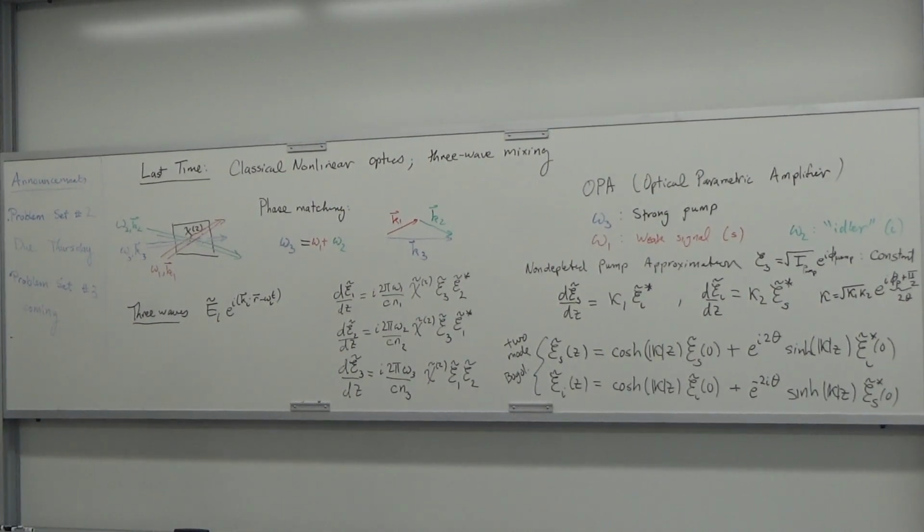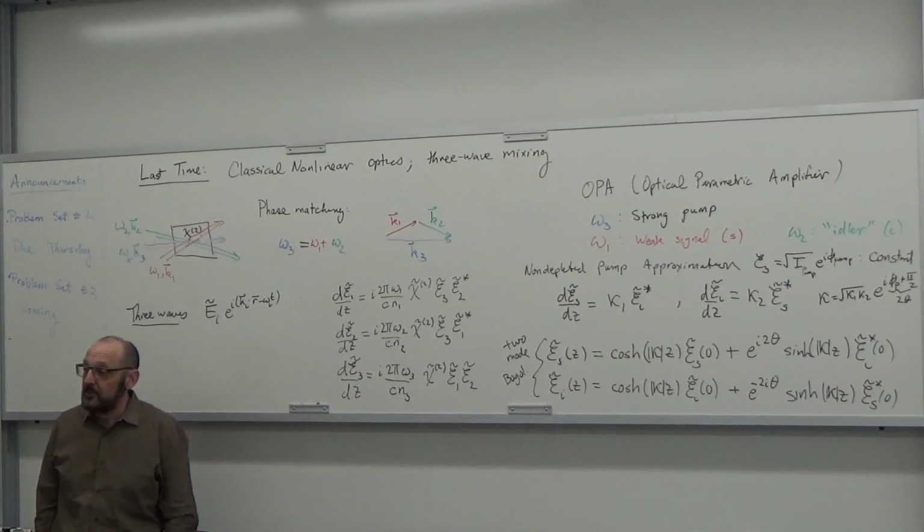All right, very good. So last time we were talking about nonlinear optics as a precursor, as a way in which we will talk about the generation of non-classical light, in particular at the moment, squeezed states of light.